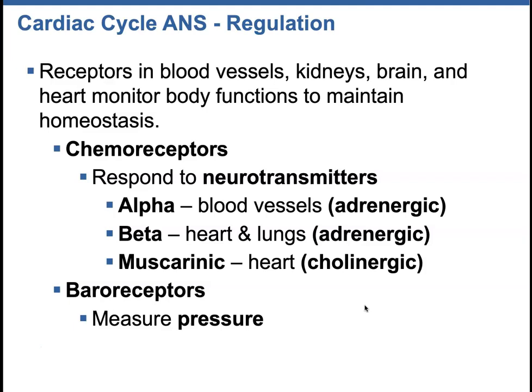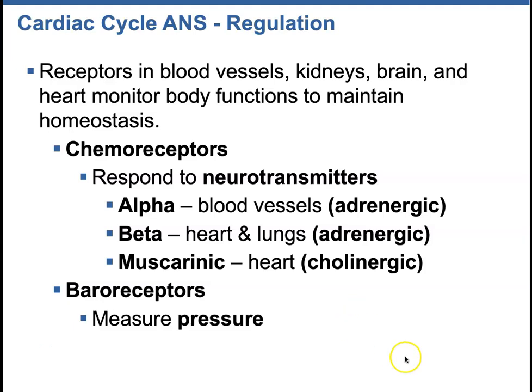And then remember that the muscarinic receptors in the heart, those cholinergic receptors, are inhibitory. So when acetylcholine is secreted on the SA node and AV node from the postganglionic neuron of the vagus nerve, it binds the muscarinic receptors on the SA node and AV node, and it's going to slow things down.